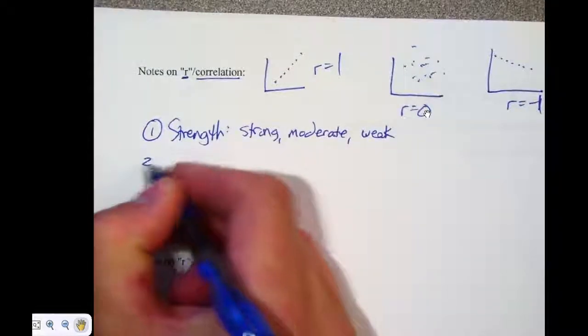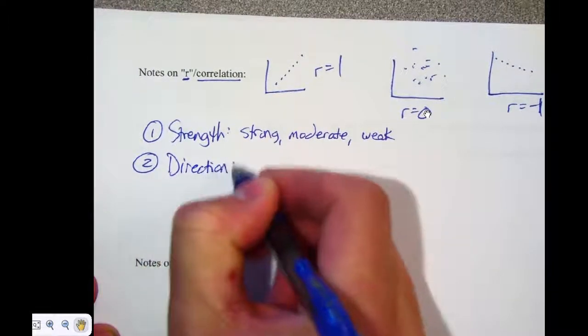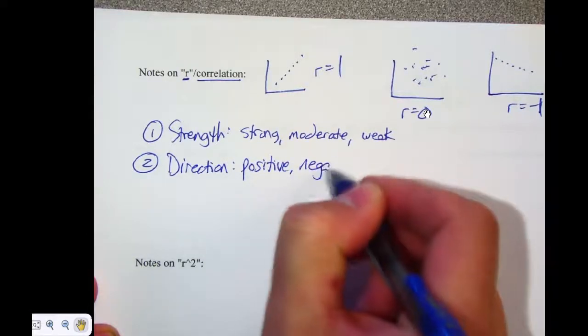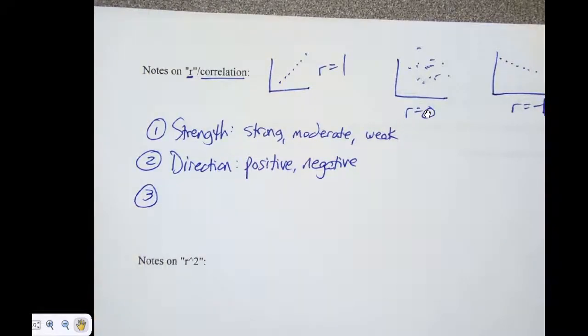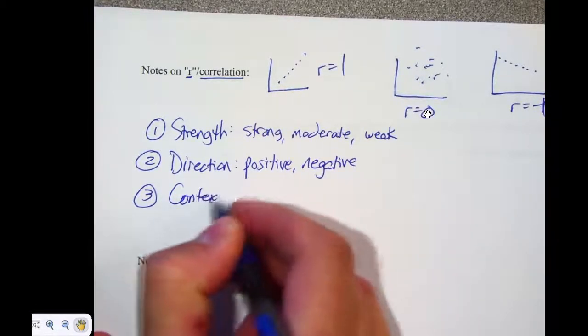And then what else does it tell you? It tells you direction, too. Good. So it also tells you if we have a positive or a negative relationship. And if you are asked to describe R, or describe anything in this class, what else do you have to include? Context. Form's coming later.